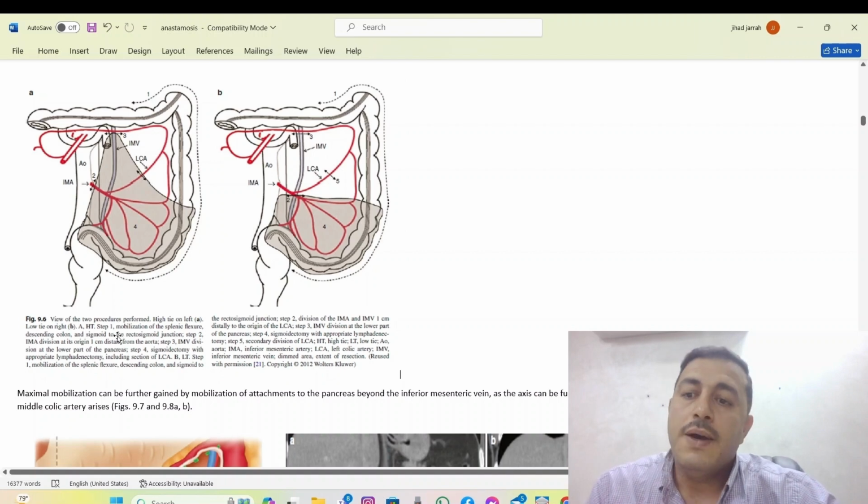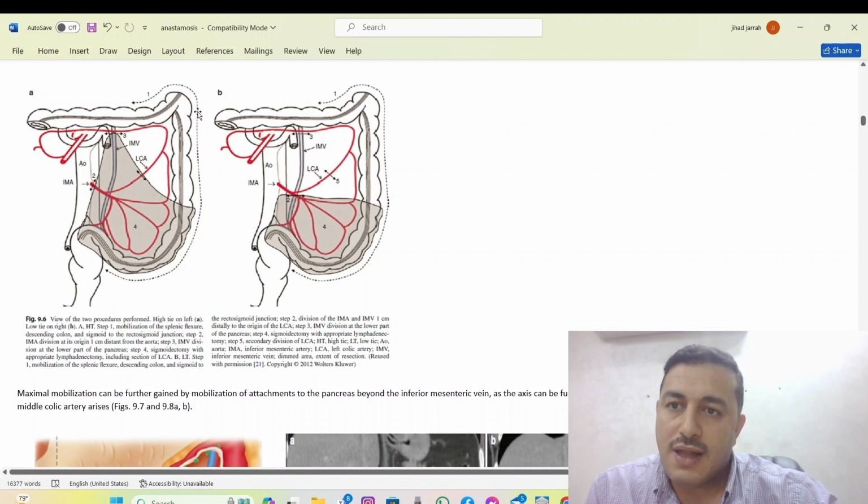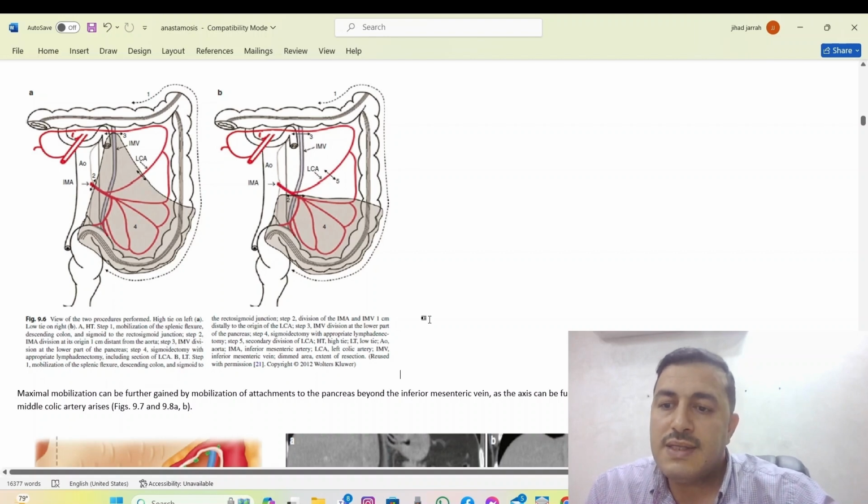High ligation by steps. Step 1 is mobilization of the splenic flexure, descending colon, sigmoid to the rectosigmoid junction.